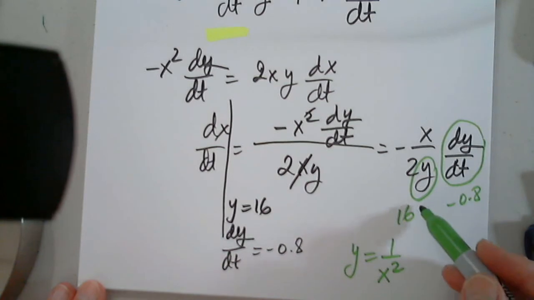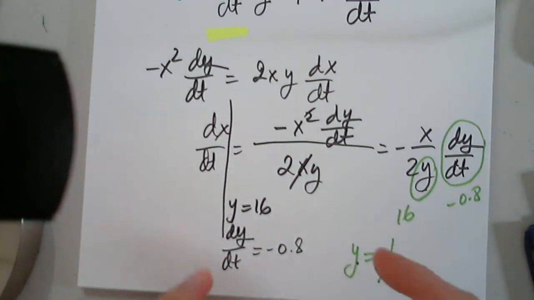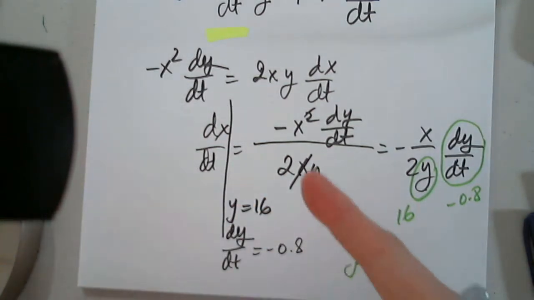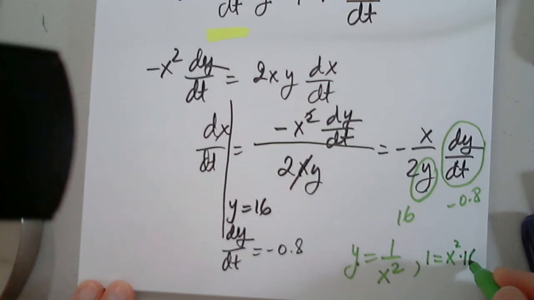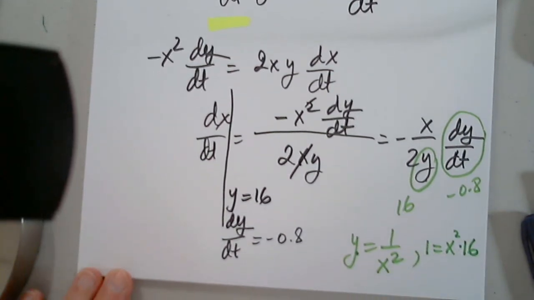So if y is 16, I cross multiply, right? I already have that. So I have 1 equals x squared times 16, or x squared equals 1 over 16, or x is the square root of 1 over 16.